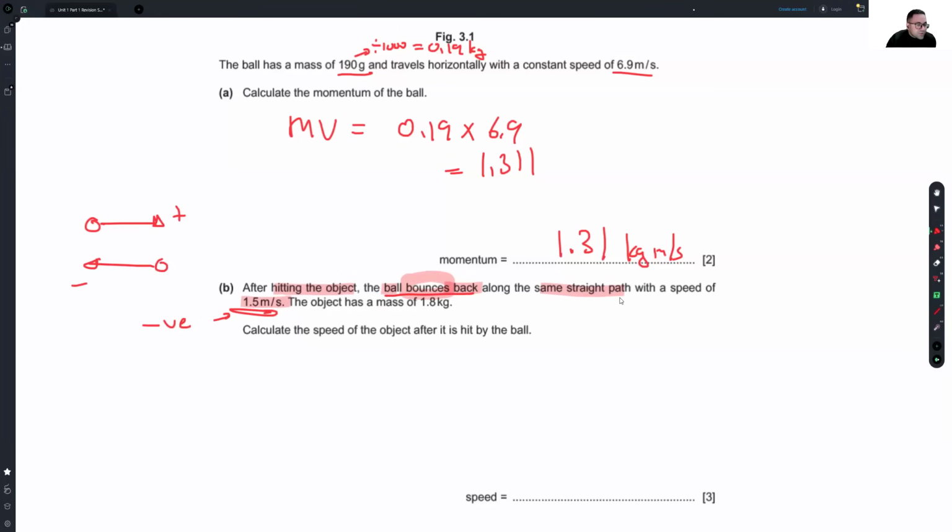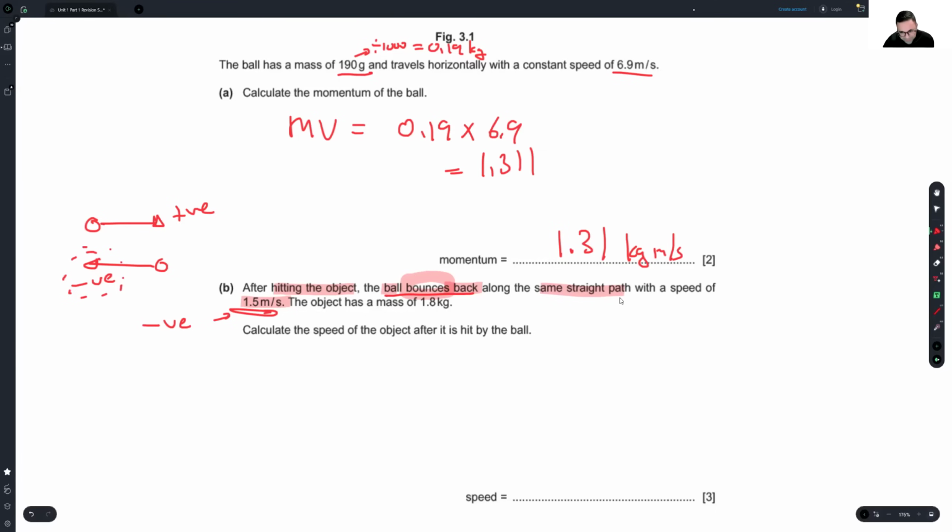Moving to the left is now considered negative. The sign changes. This will be very important when we solve. So almost always in momentum questions, if you see a single object bouncing or rebounding, you need to give the bounced speed a negative sign.